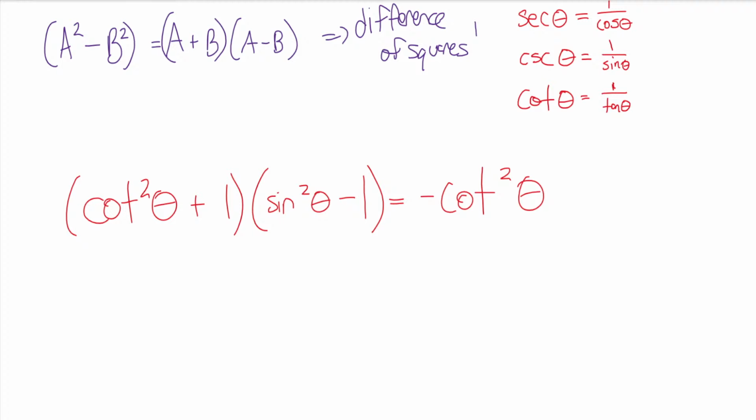So what do we do? Oh, and tan of theta, this is something we've already said. Tan of theta is sine over cos.